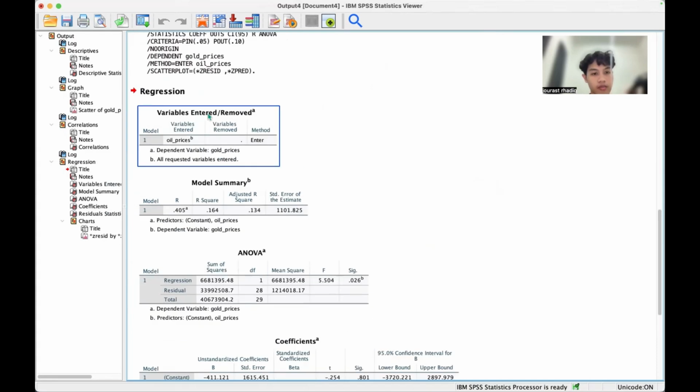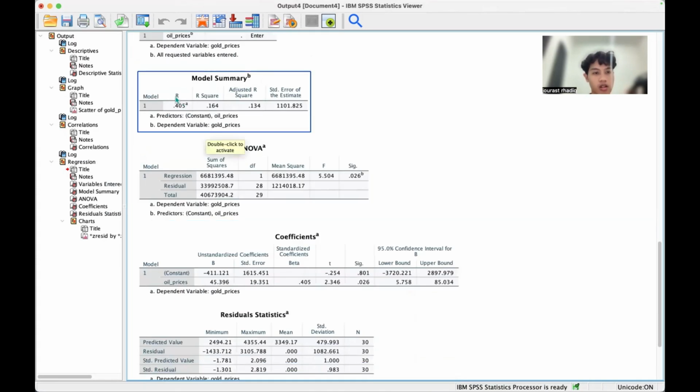Here, we have the oil prices as the independent and gold prices as the dependent. And we see here the correlation, the R, 0.405, positive correlation, and this is the R square. The number is 0.164, meaning 16.4%.